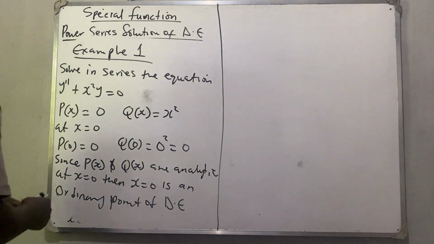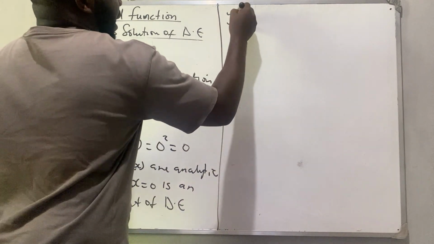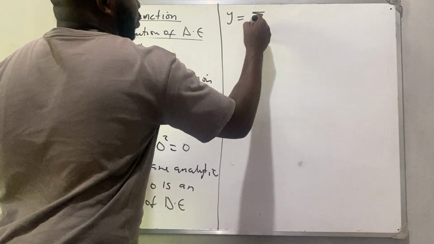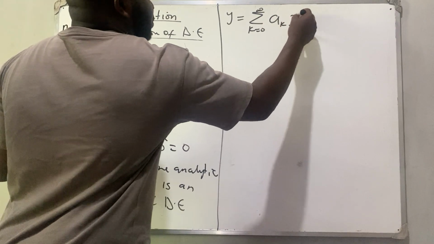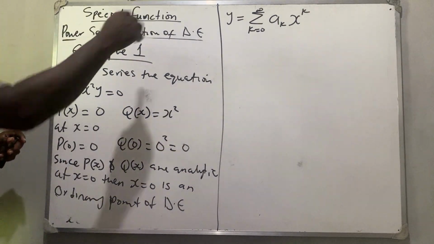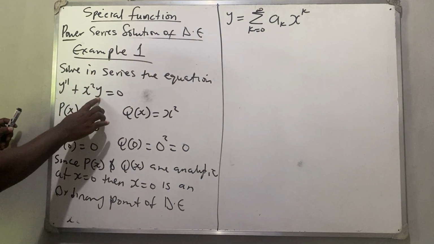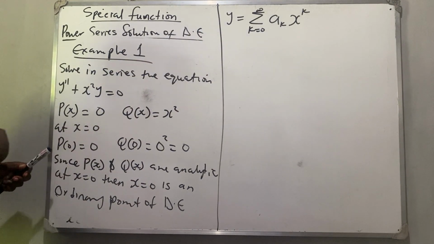So since it's an ordinary point, don't forget how the solution will look like. The solution is going to be y is equal to the summation of what? k starting from 0 to infinity of ak x raised to power k. This is how the solution will look like. So if this is our y, we need our y prime prime. So before we get our y prime prime, we need to get our y prime.